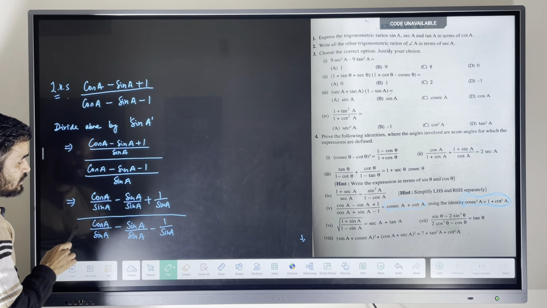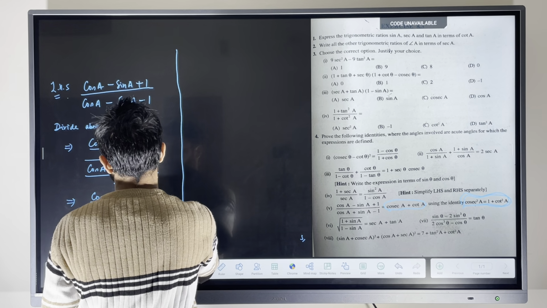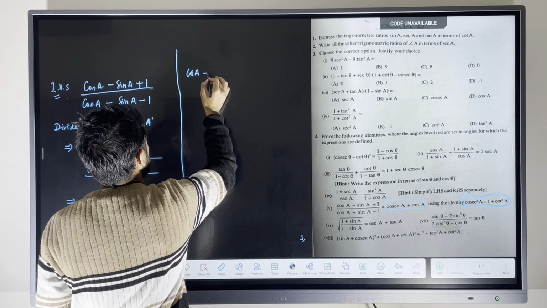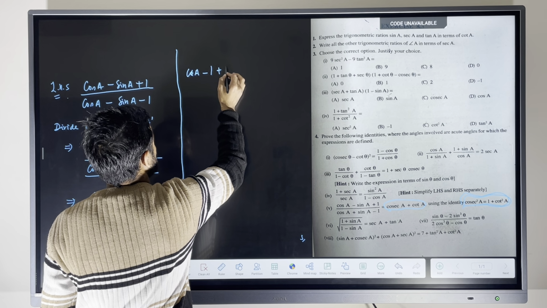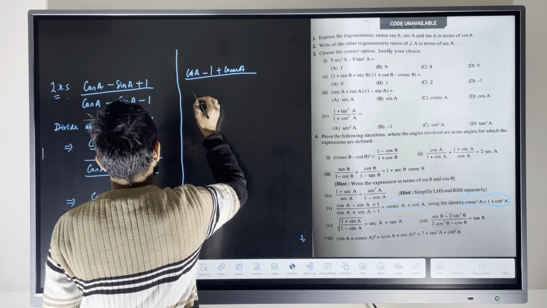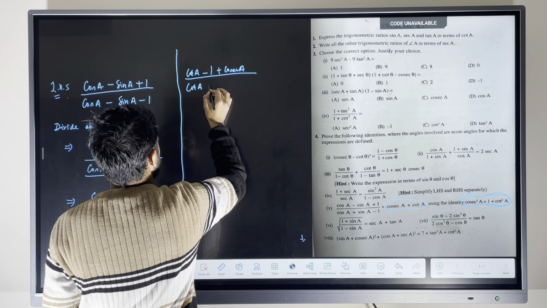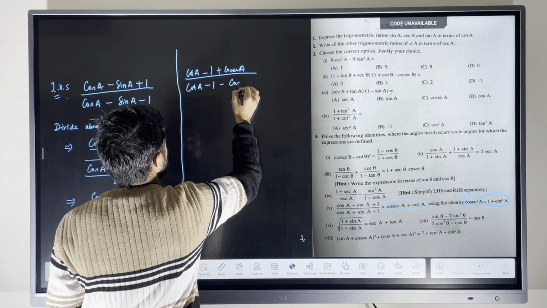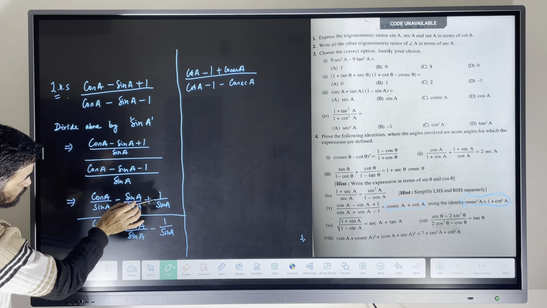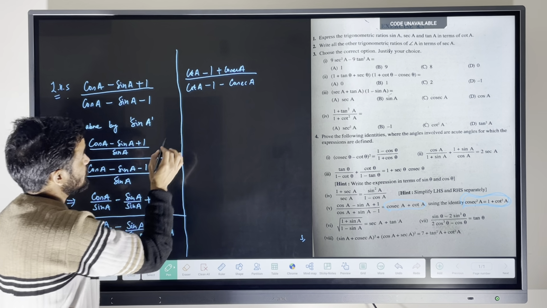That's why I divided by sin A. Now we have cot A minus 1 plus cosec A upon cot A minus 1 minus cosec A.